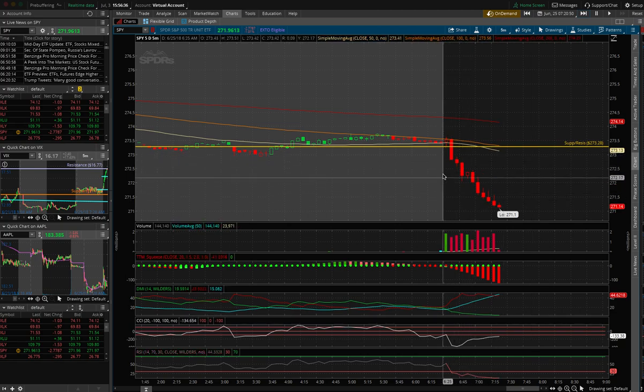So after this candle, it just continued to die off. It's at 271 now.